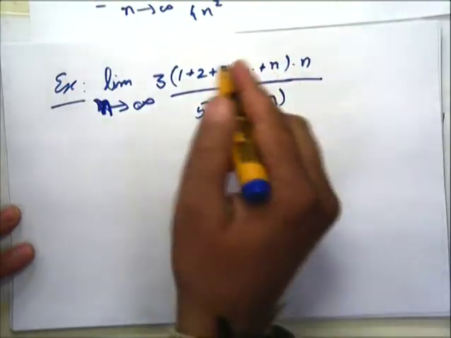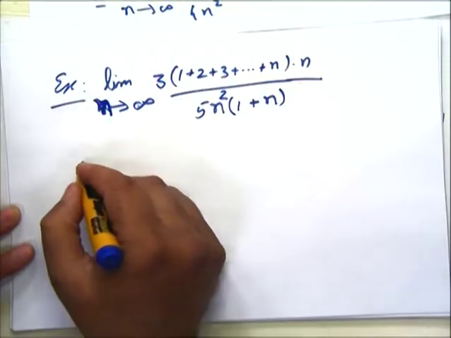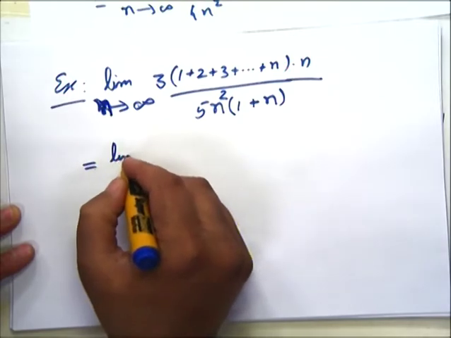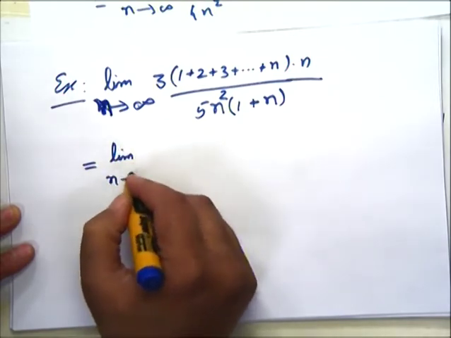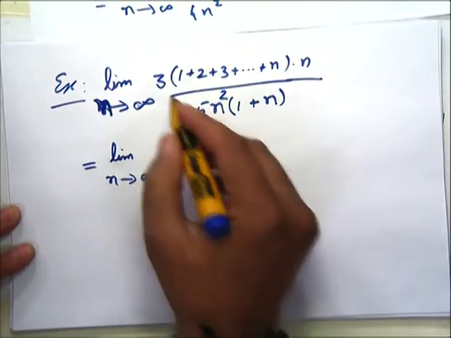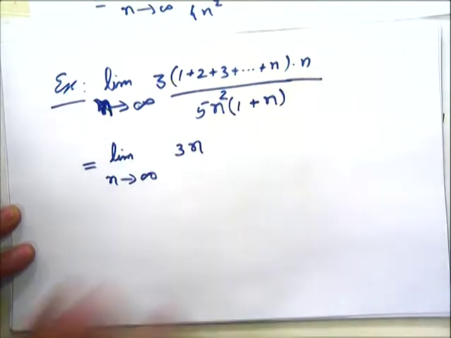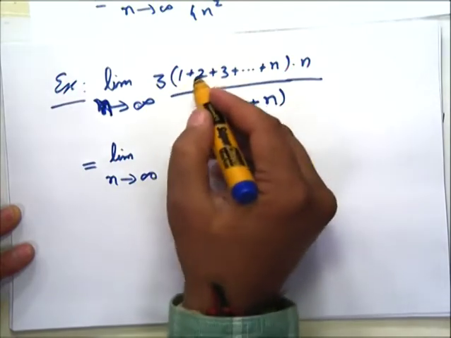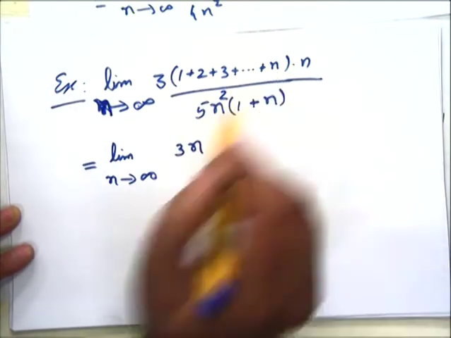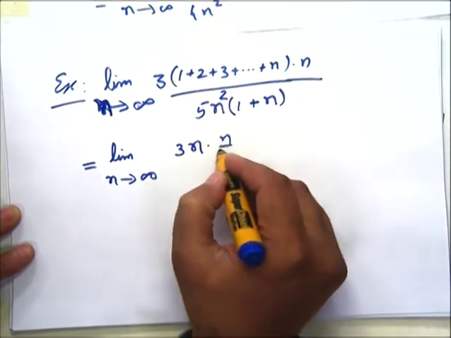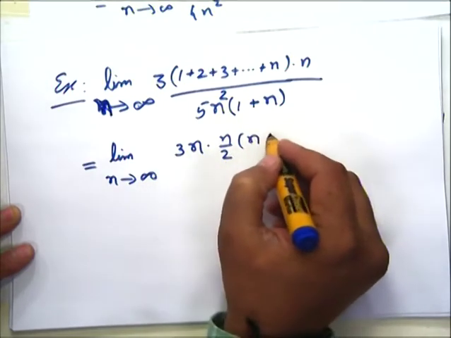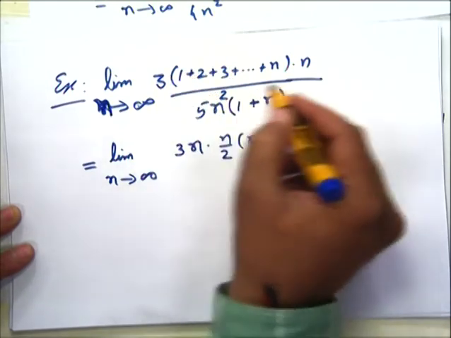So we have made this example, and I am writing limit n tends to infinity, 3n. Now the summation of 1 plus 2 plus 3 up to n is n by 2 into n plus 1. That we know, the formula.